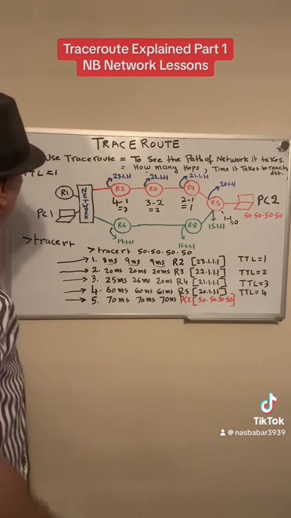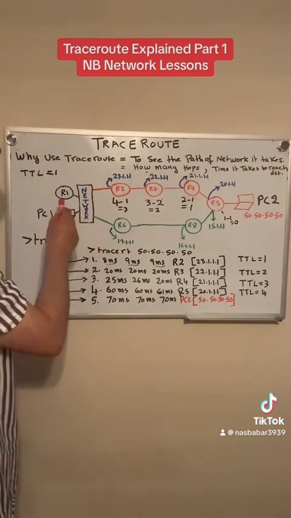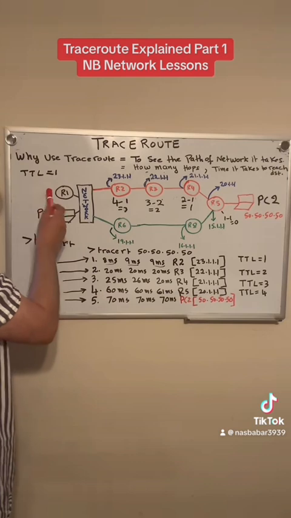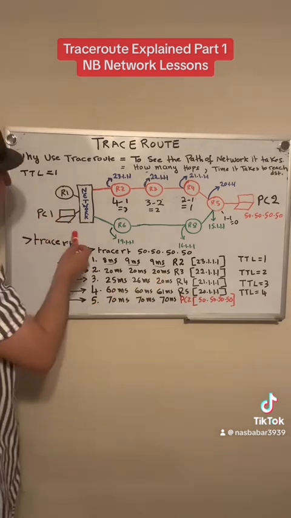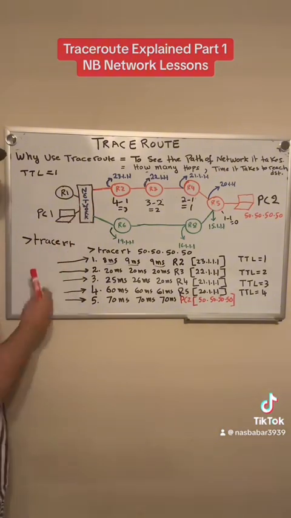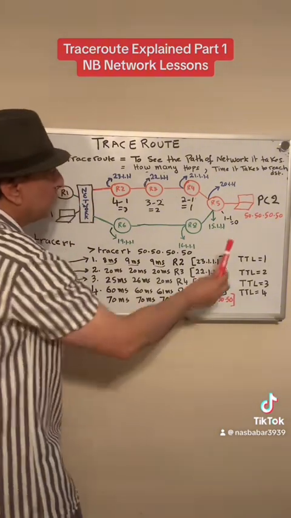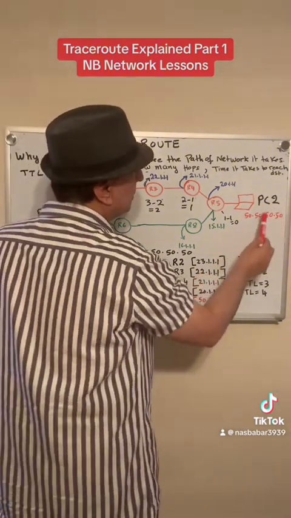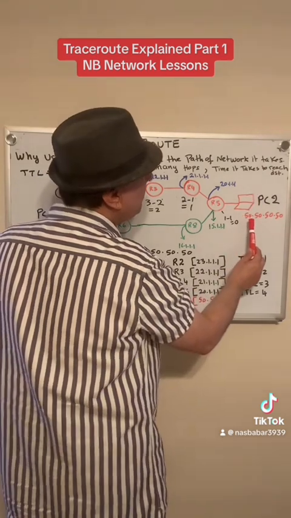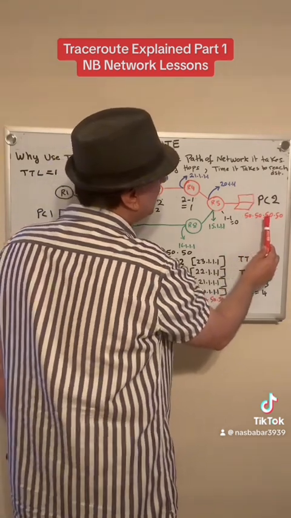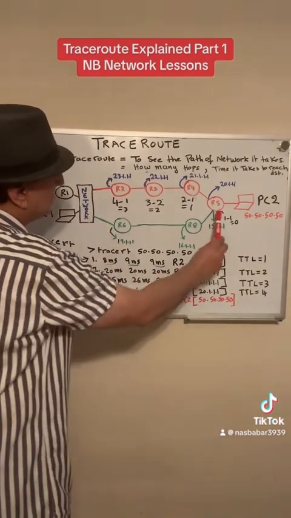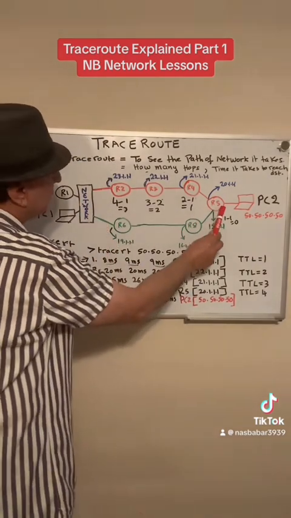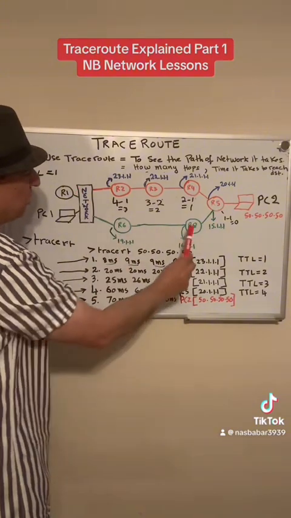Let's say you have this network right here. You have R1, router 1, which is a Cisco router, and PC1, which is just a PC or a laptop connected to the same network. I have two paths to get to my destination, which is PC2, and the IP address of that is 50.50.50.50. I can take this path, or this path right here, the one in red or the one in green.